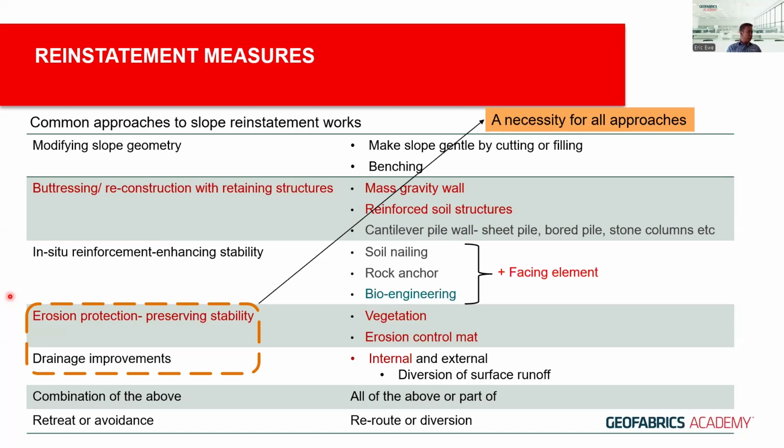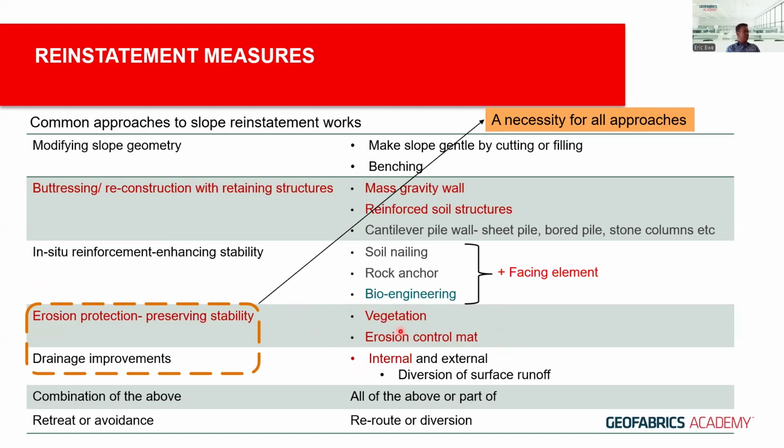And then erosion protection or preserving the stability. I think it is a given that every slip reinstatement work needs it, regardless of what you do. You've got to think of erosion protection anyway. We don't have much time to talk about vegetation and erosion control mats, but Geofabrics has plenty of product options.